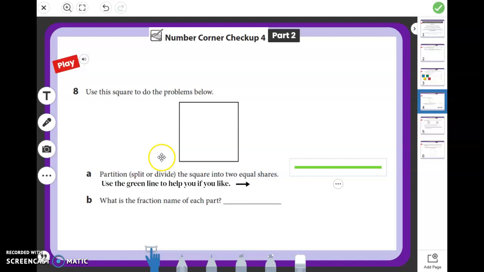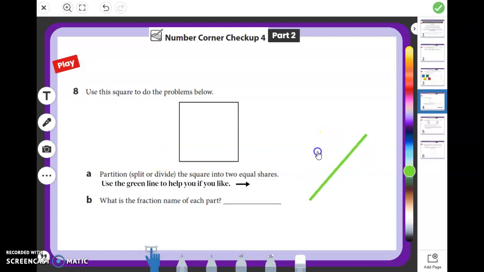You can move this green line to change its direction to separate, split or divide or partition, however you'd like to say it, your square into 2 equal shares. How you separate, split or divide your square is up to you. Letter B says what is the fraction name for each part?